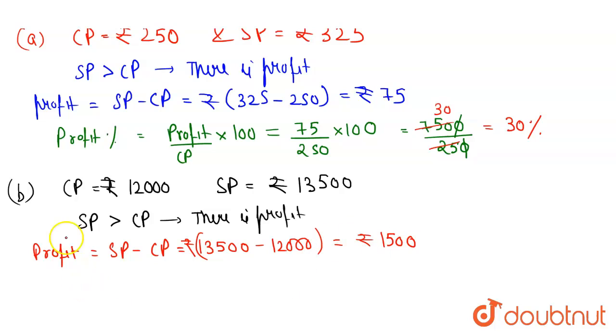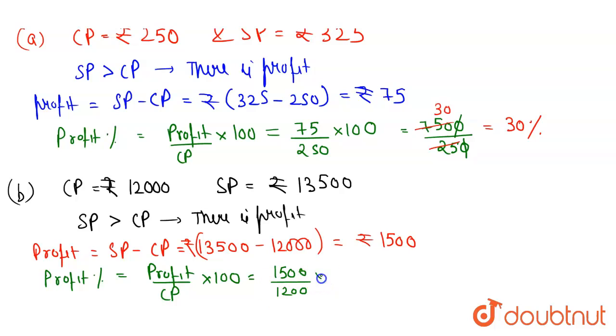Now the formula for profit percent is profit divided by cost price, whole into 100. So profit is 1,500 divided by the cost price, 12,000, into 100.